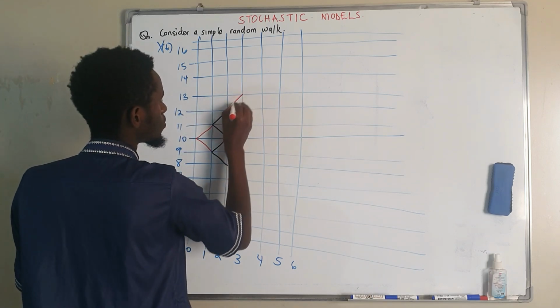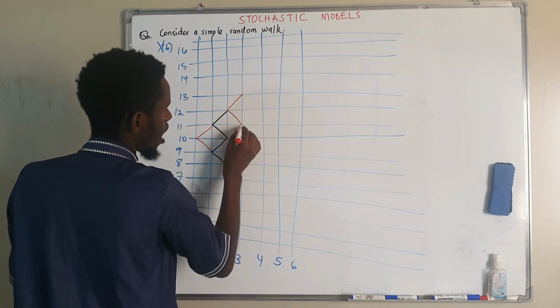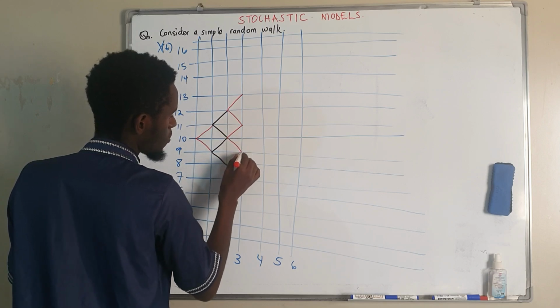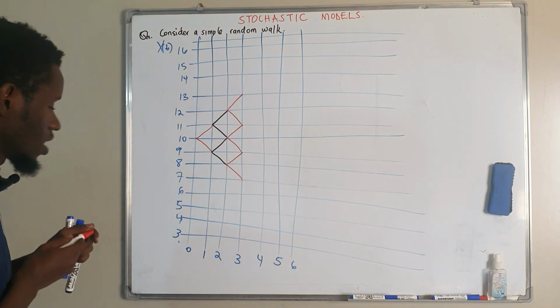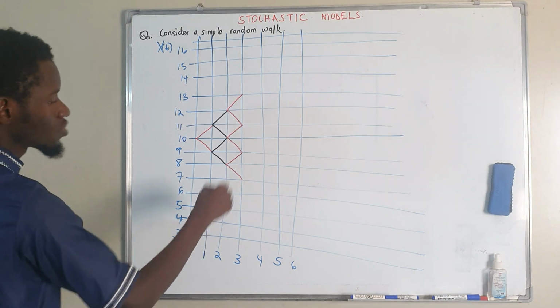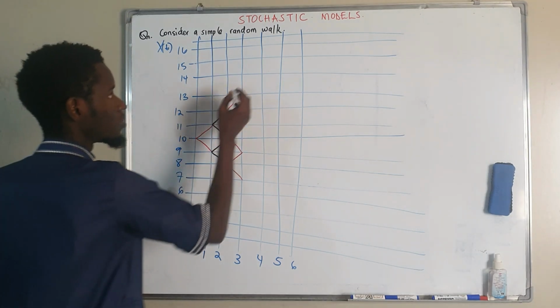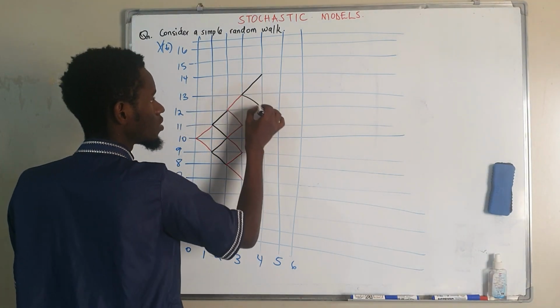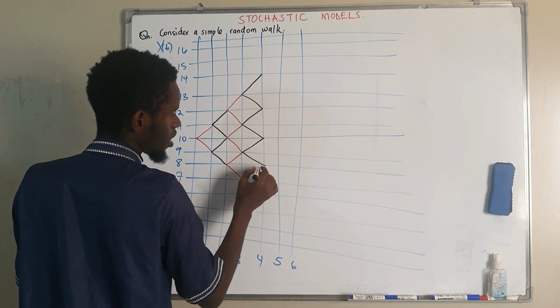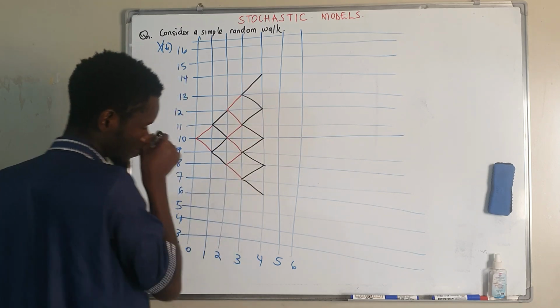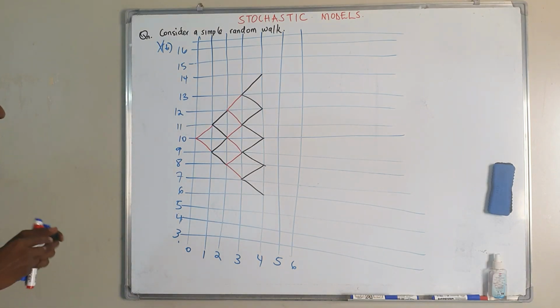Then for x4, I can do the same. From x3 to x4, I either move up or move down.